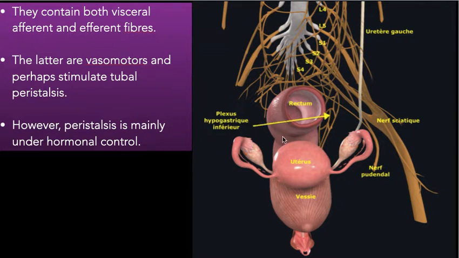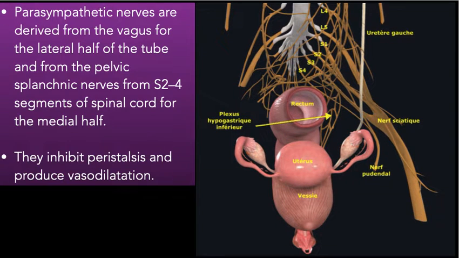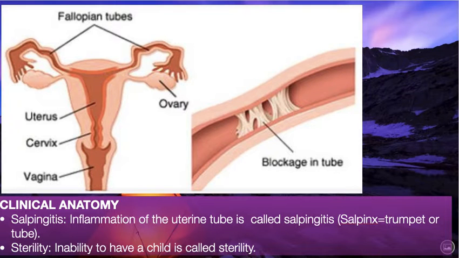However, peristalsis is mainly under hormonal control. The parasympathetic nerves are derived from the vagus for the lateral half of the tube and from the pelvic splanchnic nerves from S2 to S4 segments of the spinal cord for the medial half. They inhibit peristalsis and produce vasodilatation.